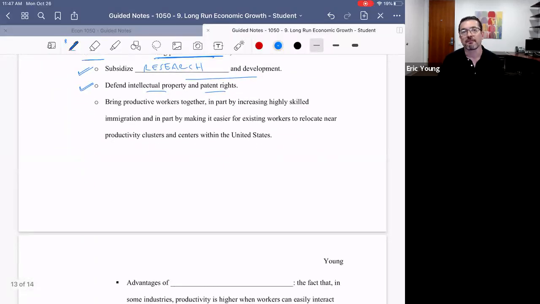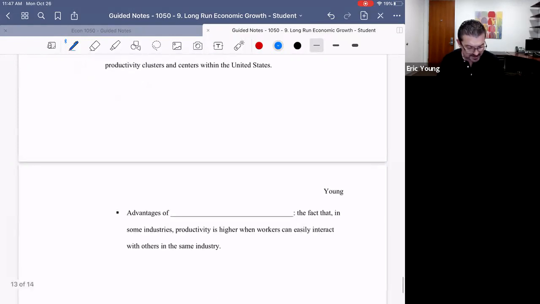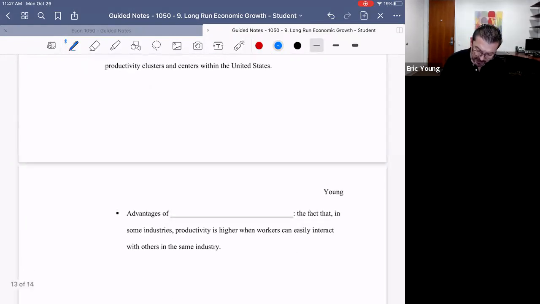And a third thing that rich nations can do policy-wise is to think about creative, clever policies that will allow productive workers to come together. Okay, we have this idea in growth theory. It's known as the advantages of agglomeration. Nice high tuition word for you there, my friends. The advantages of agglomeration.